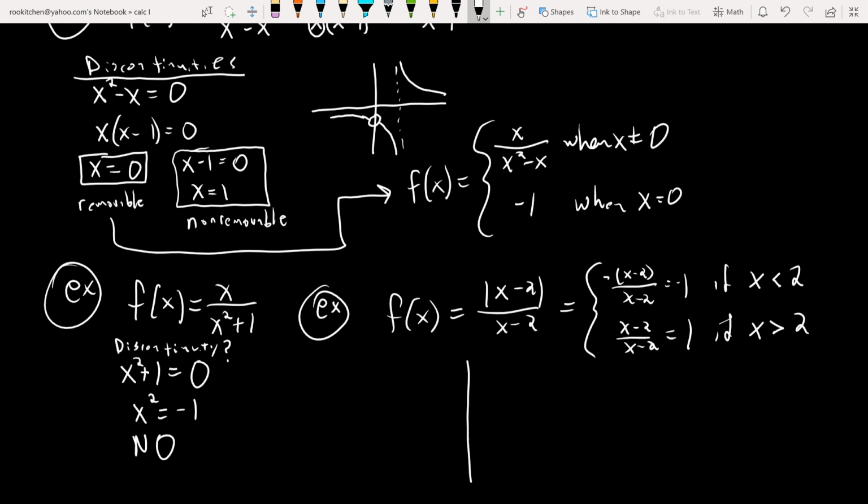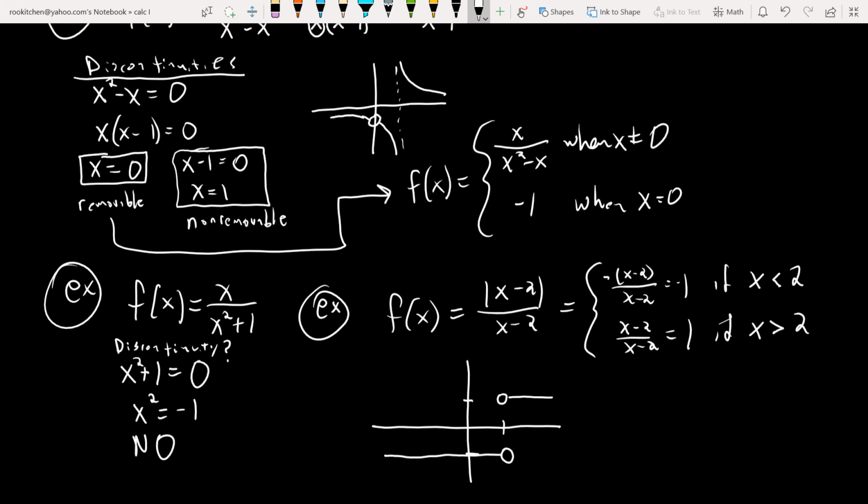So the picture in this case, we have -1 and 1. So when x is less than 2, it'll be -1 right here. And then if x is greater than 2, it'll be +1.